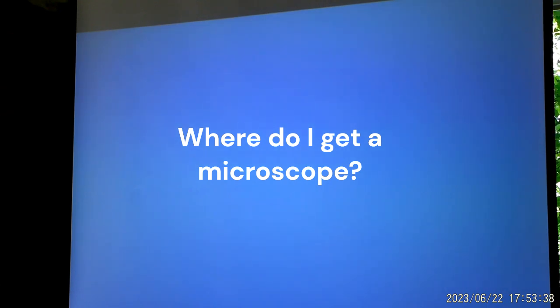If you're looking for just an entry-level microscope, AmScope or OMAX are definitely microscopes to look at. We're not going into high magnification here. For the most part, we're just going at 400x. So you don't need any more than that.